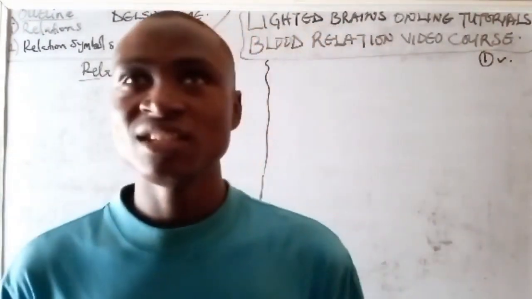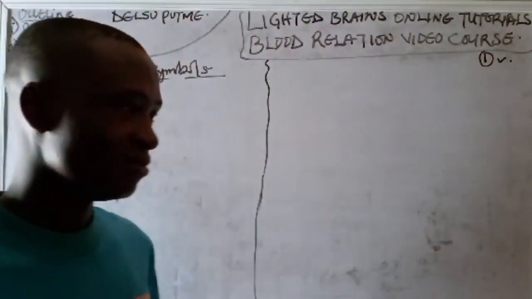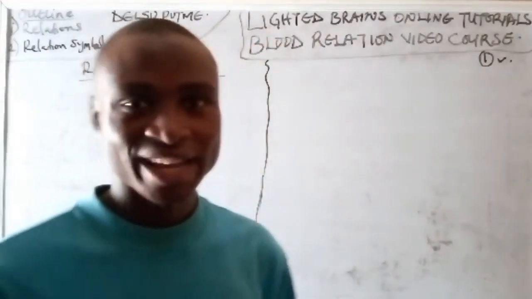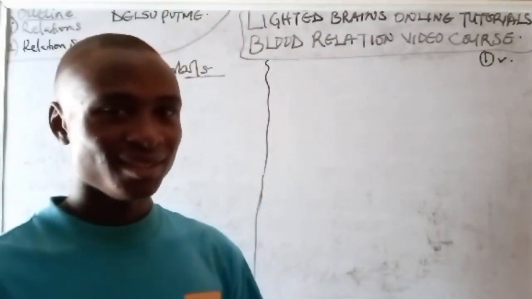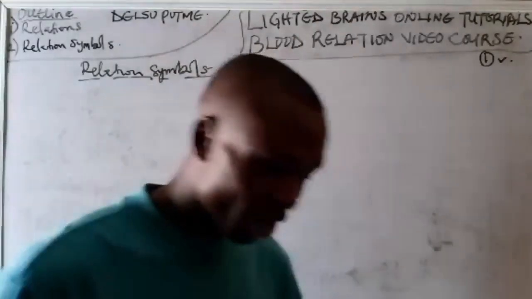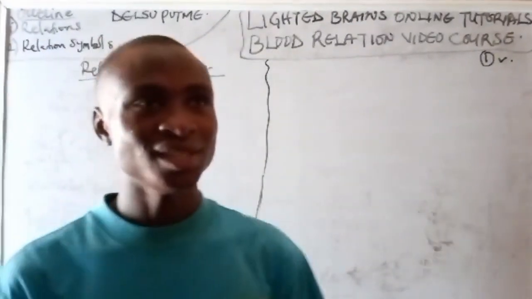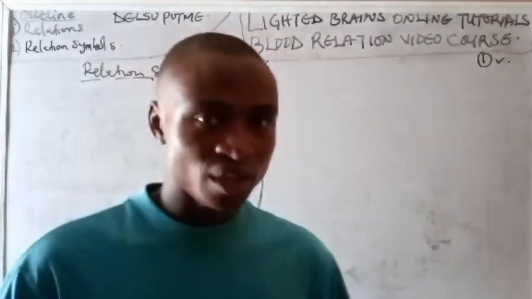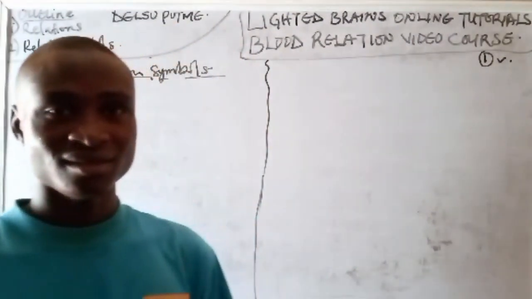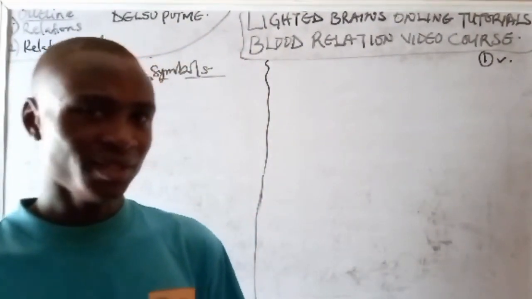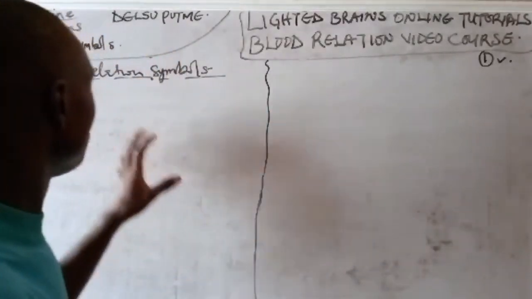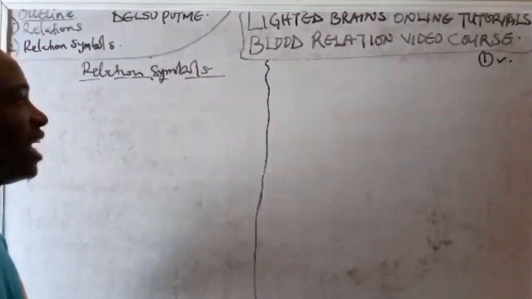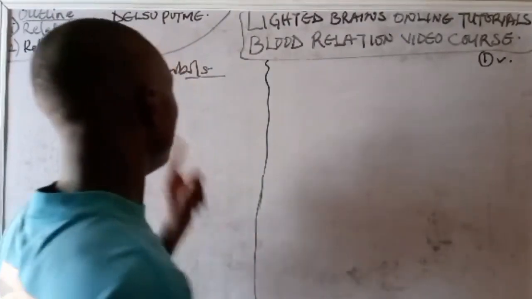For example, if they say A is the father of B, what do they mean? A is the brother of B, what do they mean? A is the wife of B, what do they mean? Do you understand now? So I want to show you some symbols that you can use, or let me say formulas.